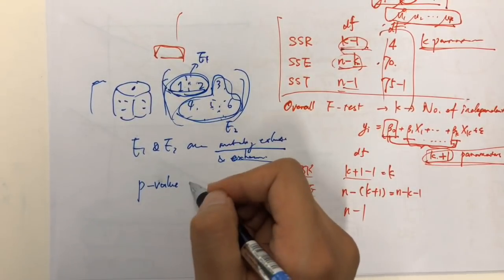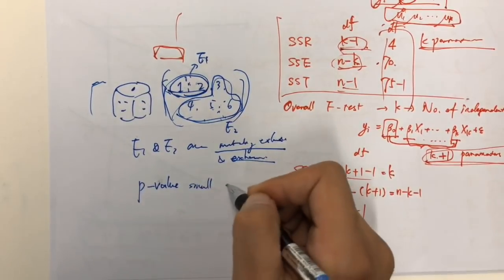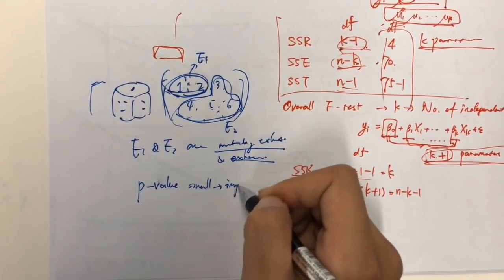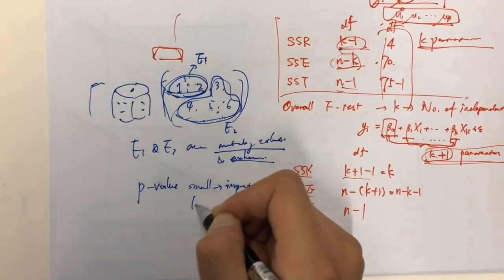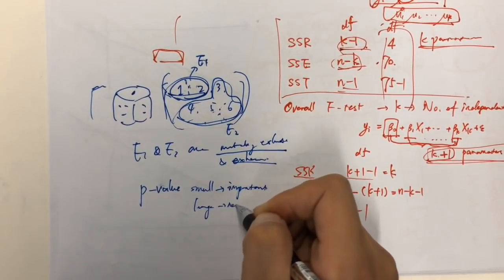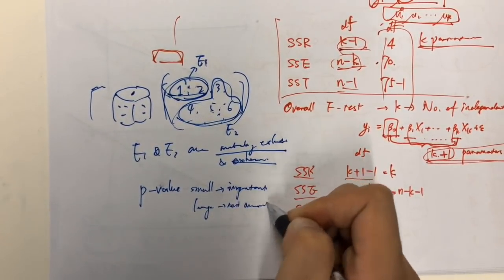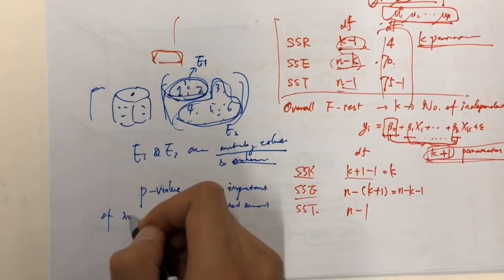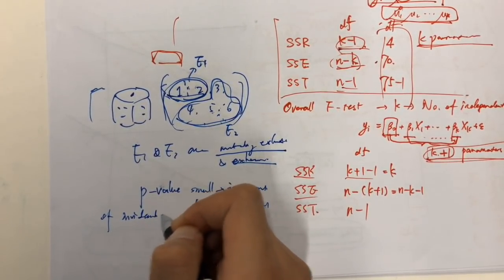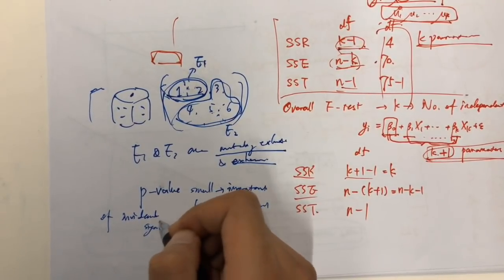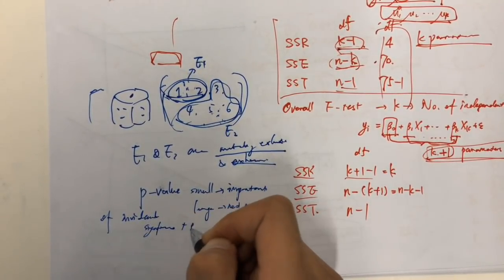If the p-value is small, we think it's important, and if the p-value is large, it's not important. So we look at the p-value of the individual significance t-test.